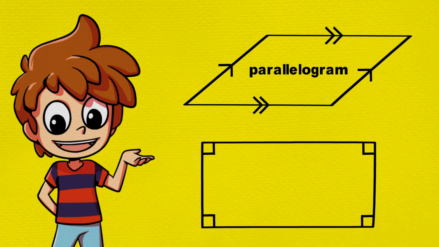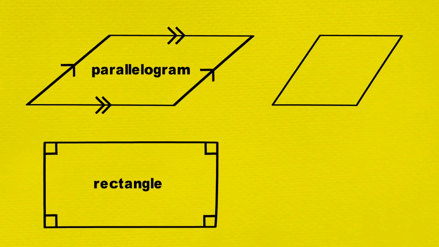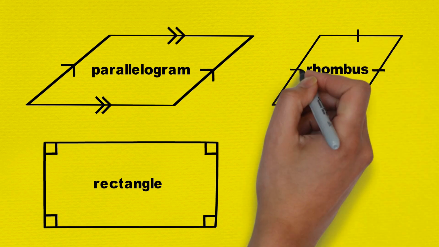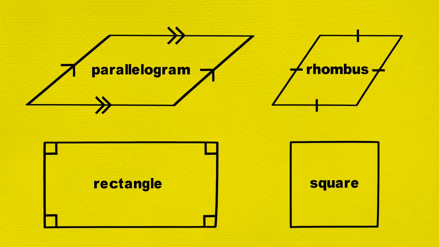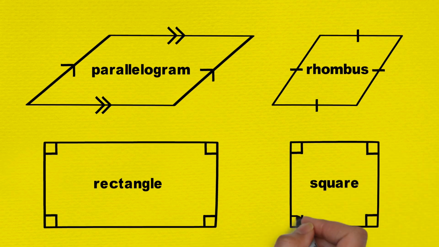The rectangle is a parallelogram with right angles at all 4 vertices. The rhombus is a parallelogram with all sides of equal length. And the square is a rhombus with right angles at all 4 vertices.